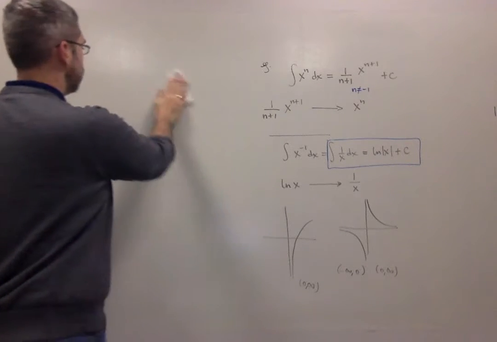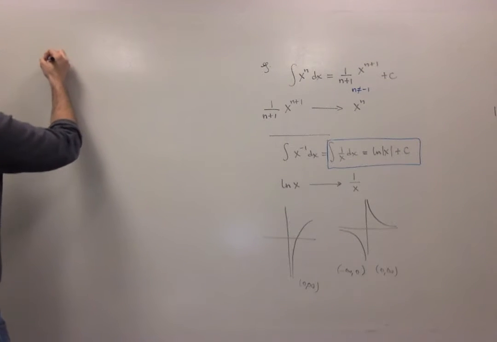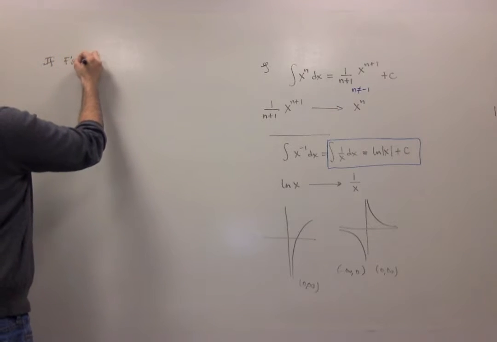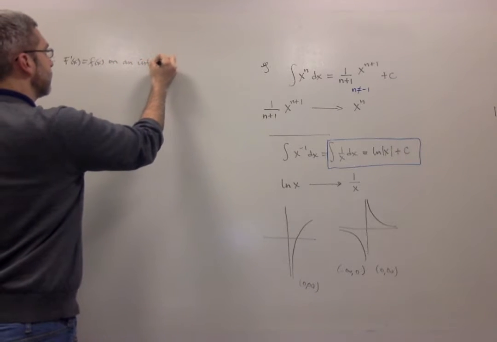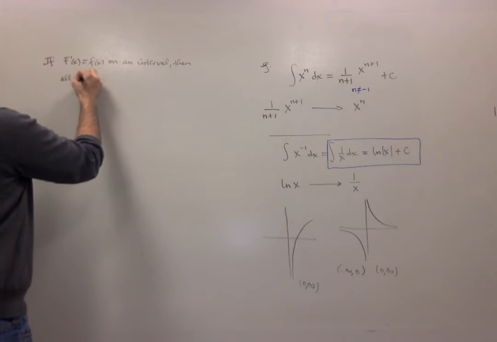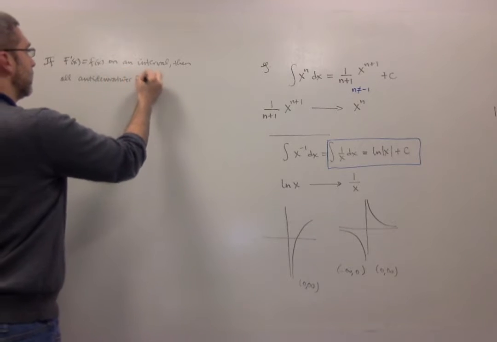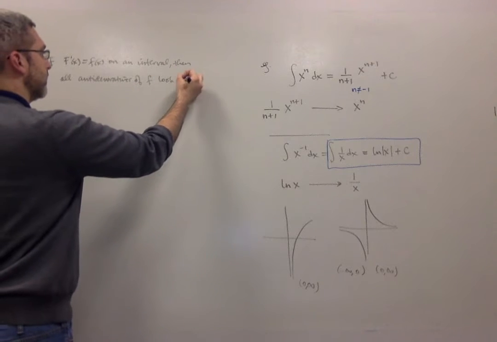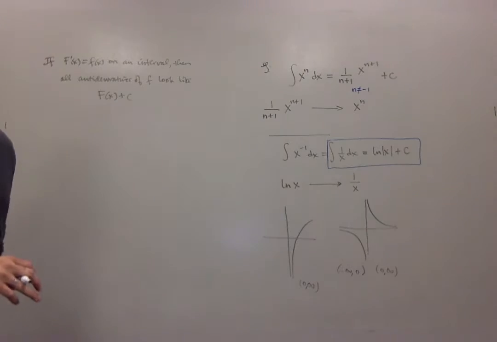The second thing that I want to note is that what we were saying before is that if the derivative of capital F is little f on an interval, then all antiderivatives of little f look like capital F plus C. That was a rule that I put up earlier.